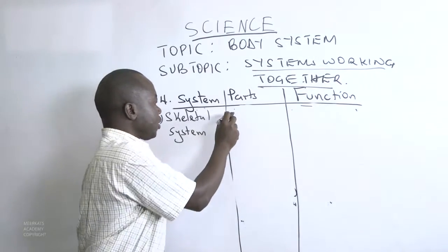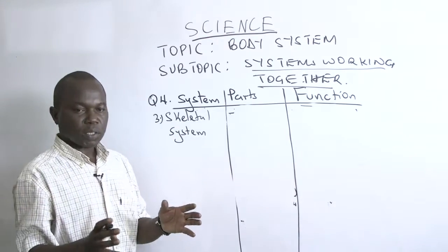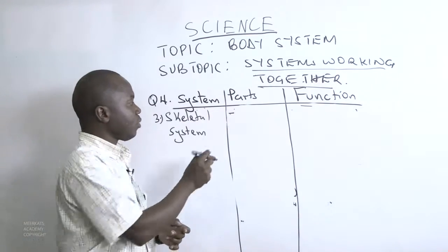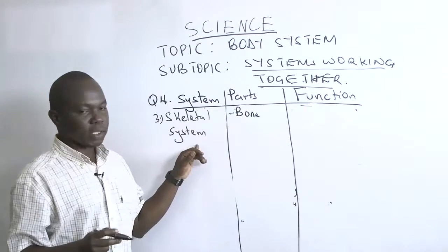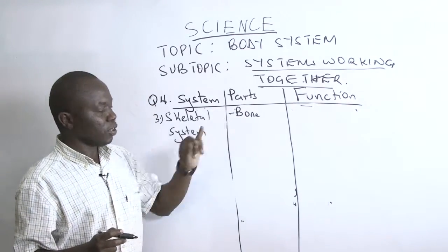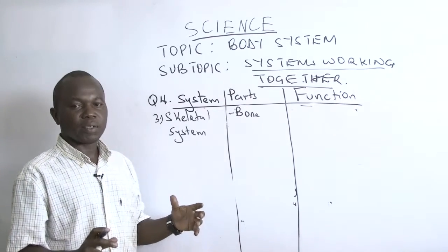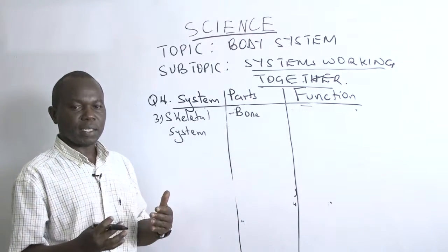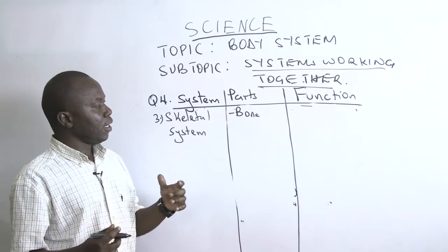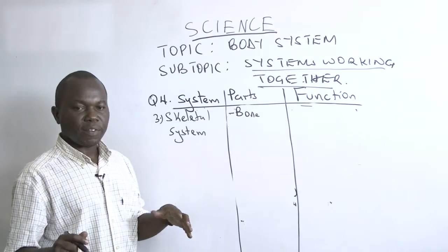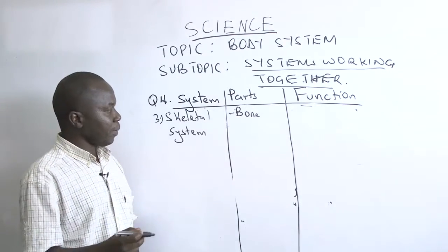We mentioned that there are two types of tissues that make up the skeletal system. One was called bony tissue. So the skeletal system is made up of bones. Remember, we were able to describe the skeleton as being made up of bones: the skull, the vertebral column, the appendicular skeleton, the forelimbs, the hind limbs, and many other parts.